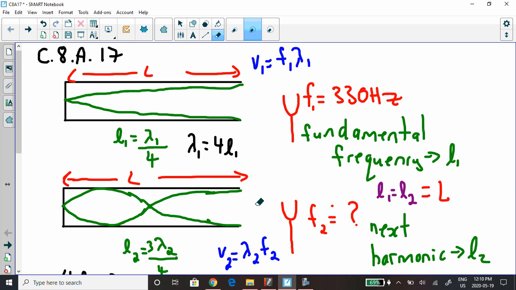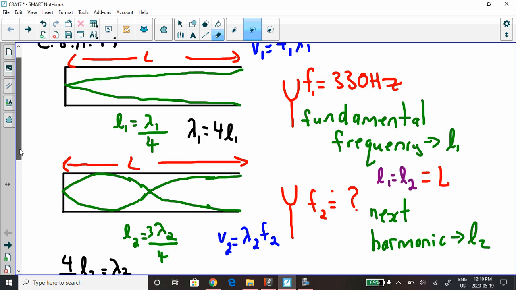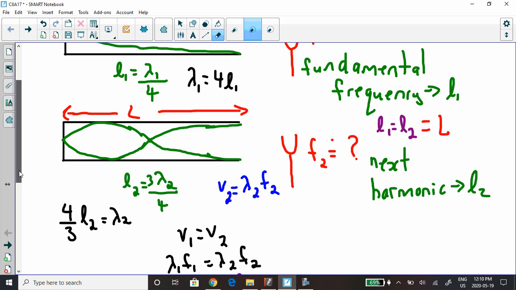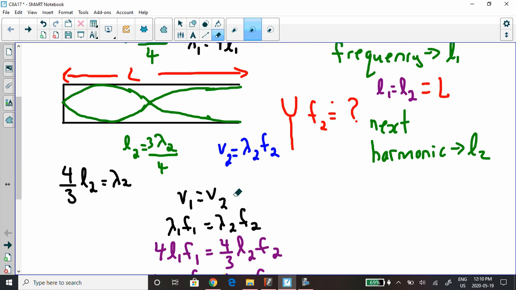It doesn't matter what order you multiply things in; 2 times 3 is 3 times 2. What else is true is that the speed of the wave is decided by the conditions of the air, what temperature the air is. We're going to assume that the temperature is the same in both situations so that the two waves have the same speed.